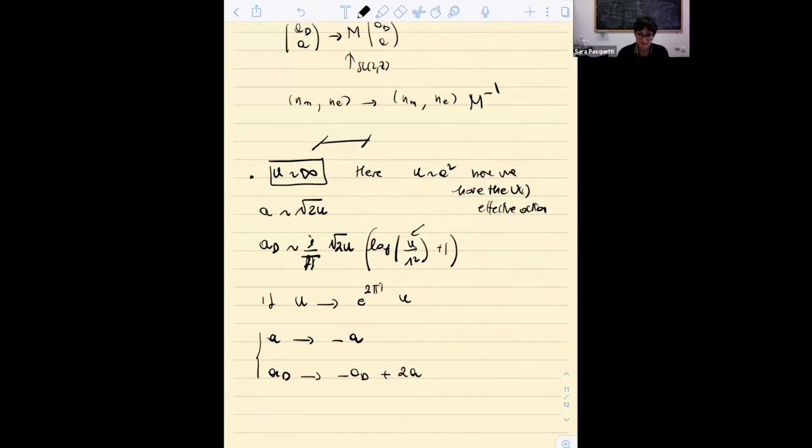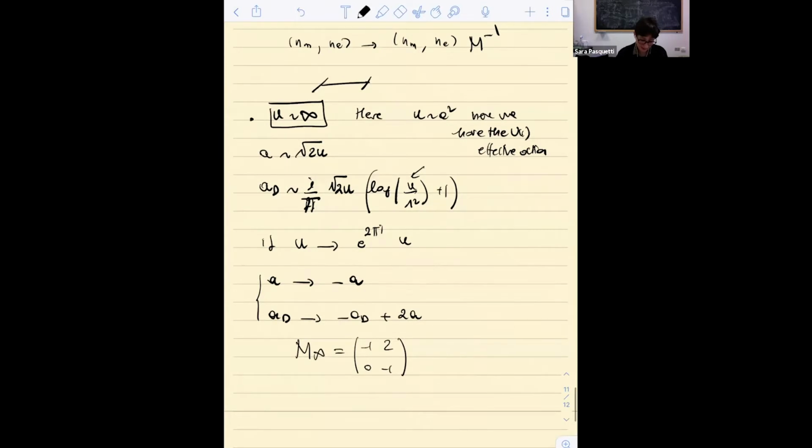I can summarize by saying that the monodromy at infinity is a matrix acting on A and A dual, taking them to minus A dual plus 2A. And we notice that this monodromy matrix is precisely an element of SL(2,Z).